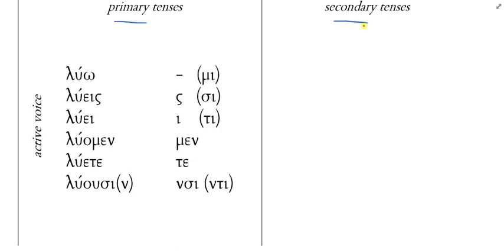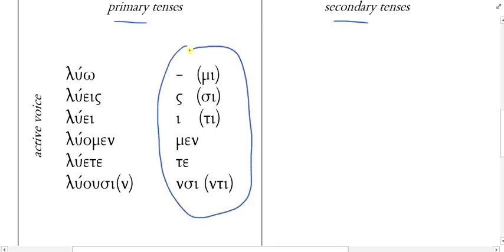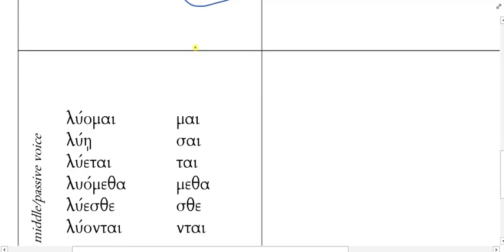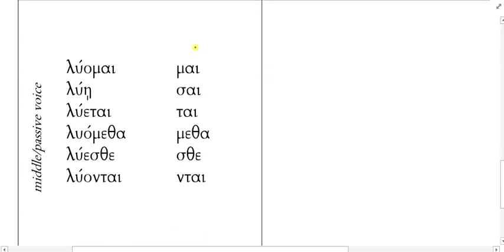But the primary tenses are non-past tenses, and the present tense, therefore, is a primary tense, and it's going to use these personal endings. Now, what's important for us to know is that if we can really get our minds around and memorize these personal endings for the primary tenses in the active voice, then we have memorized the personal endings in the other primary tenses that are active. Okay? And when we get to the next set, we're going to be looking at the middle passive voice forms.